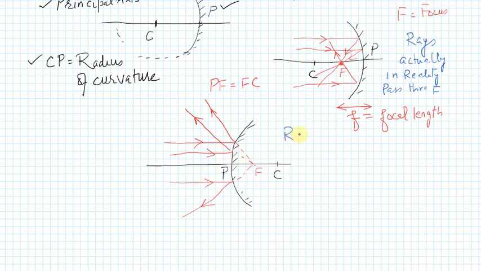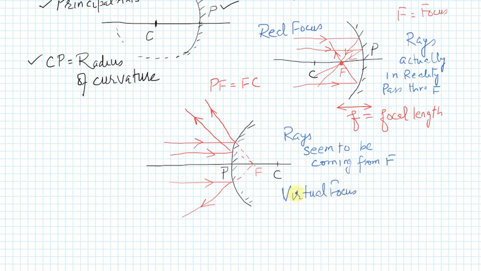Here the rays seem or appear to be coming from F. That's why in case of a concave mirror it is called real focus, and in case of a convex mirror it is called virtual focus, because these rays virtually pass through the focus, they do not pass through it in reality.